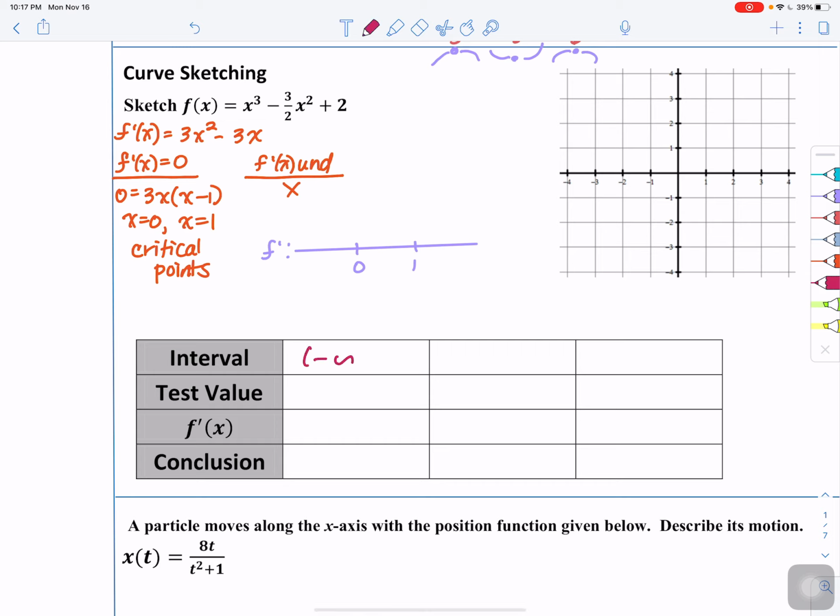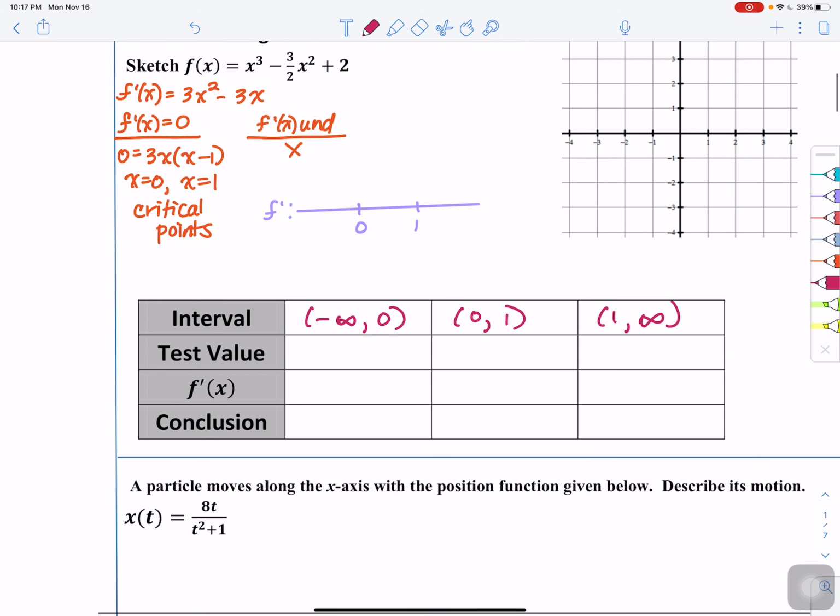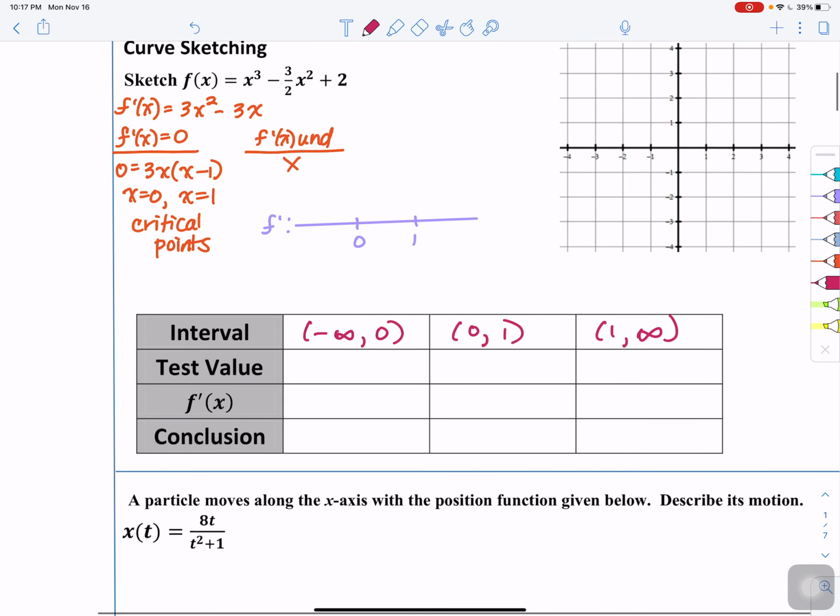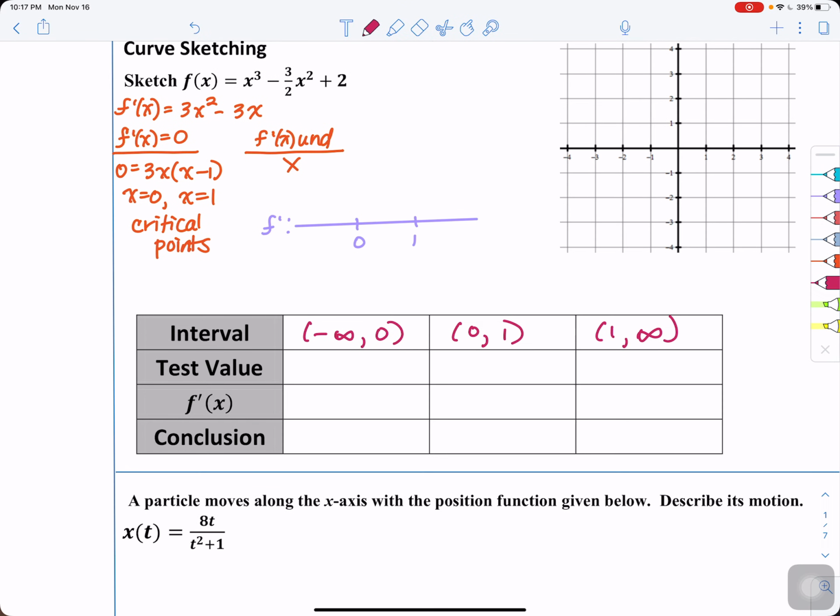We're going to be going from negative infinity to 0, 0 to 1, and 1 to infinity. And you can pick any test value you want, and we'll do that up here with the sign chart. This will be the last time I'll use this table, and we'll probably just go straight away and use these sign charts, okay?